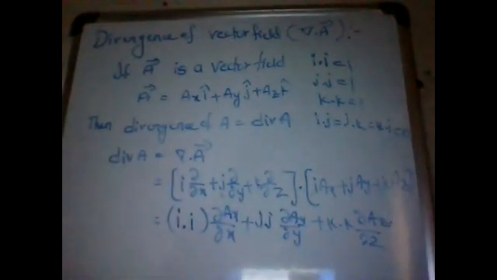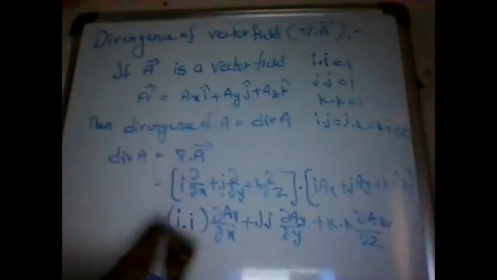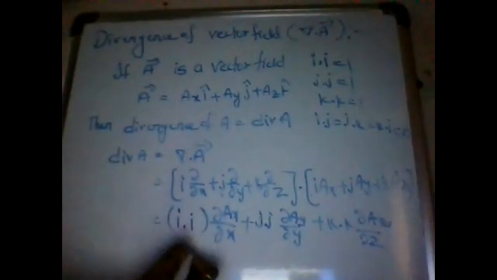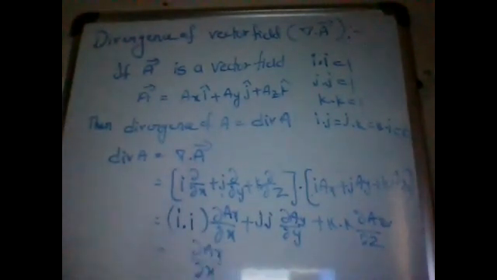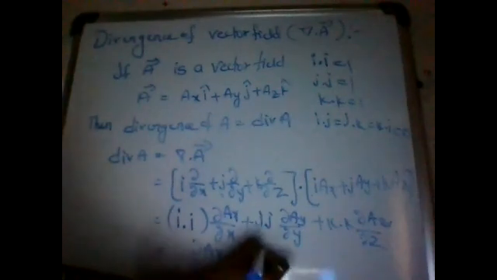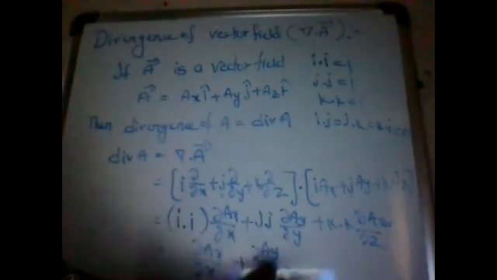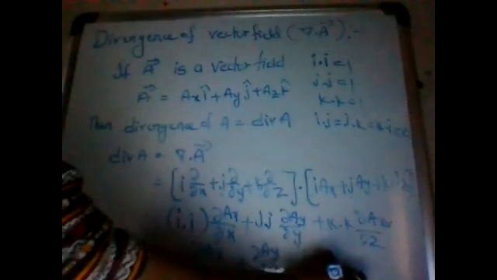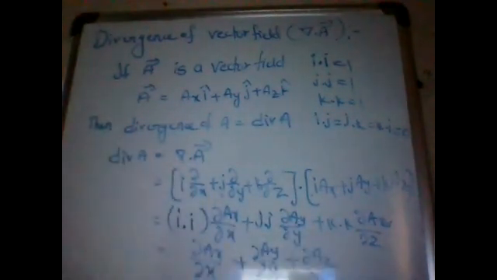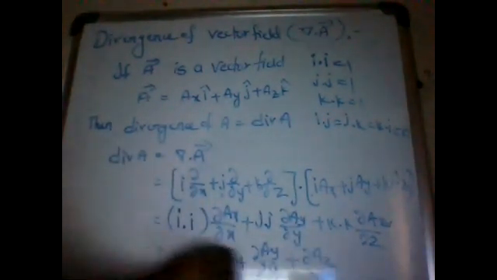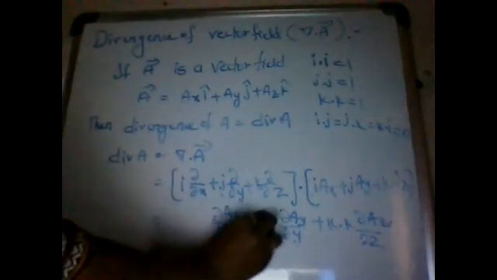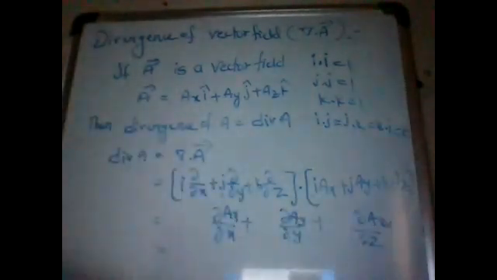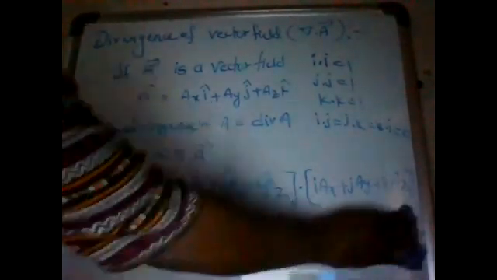In the next step, we can write only dou A suffix x by dou x plus dou A suffix y by dou y plus dou A suffix z by dou z. This value is 1, this value is 1 and this value is also 1. We get only these three terms.